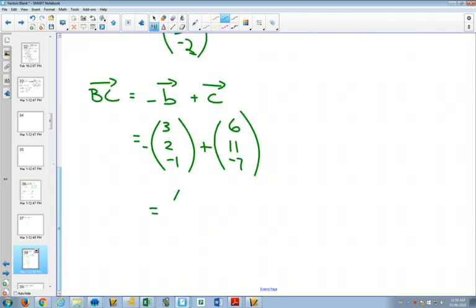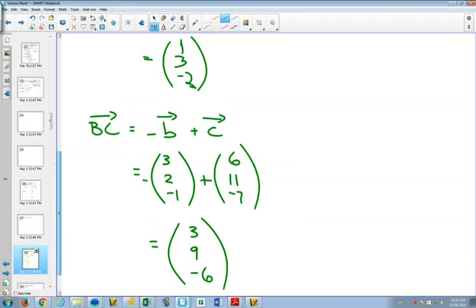Putting those together, we get 3, 9, negative 6. And what we need to notice is that I could factor a 3 out of here, and I get 1, 3, negative 2.